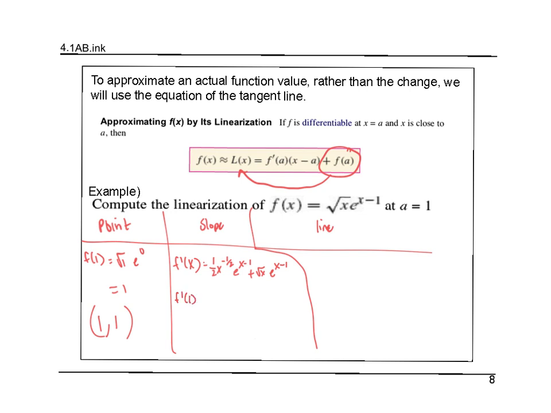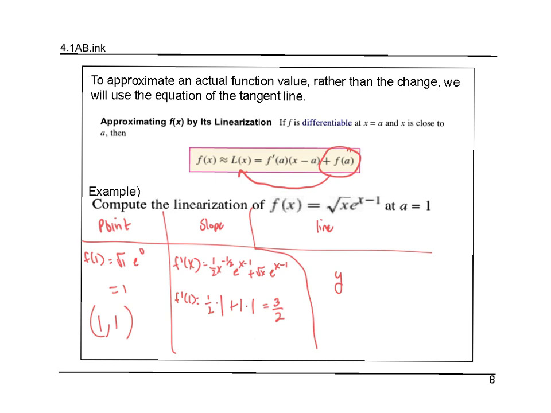So f prime at 1 would be 1/2 times 1 plus 1 times 1, which is equal to 3/2.